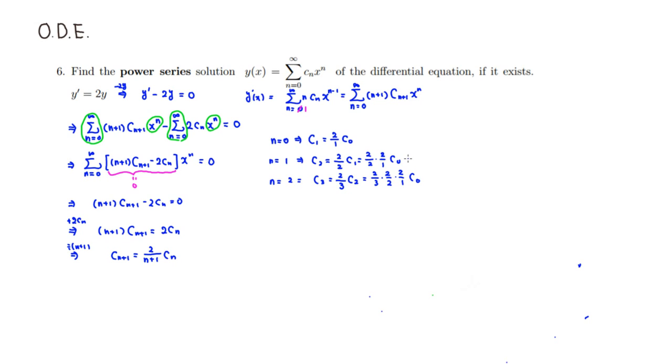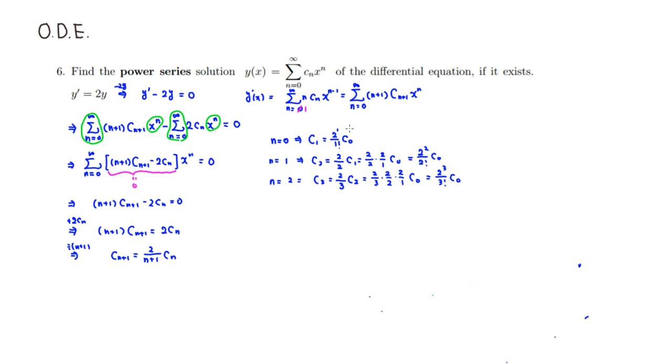Maybe we should write it this way. This one is 2 squared over 2 times 1, which is 2 factorial, C0. And this one is 2 cubed over 3 times 2 times 1, which is 3 factorial, C0. So this you can think of as 2 to the first power over 1 factorial, which is still 1, so we can put a factorial if you want.